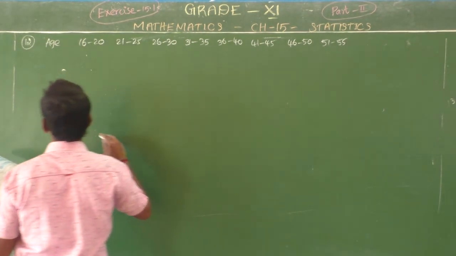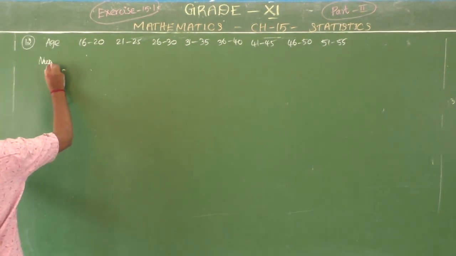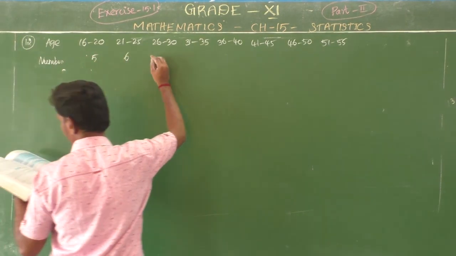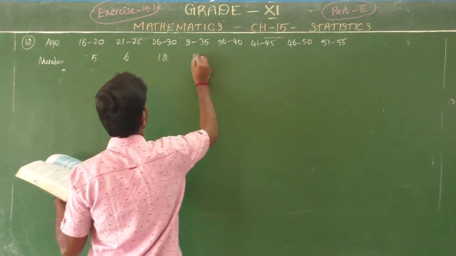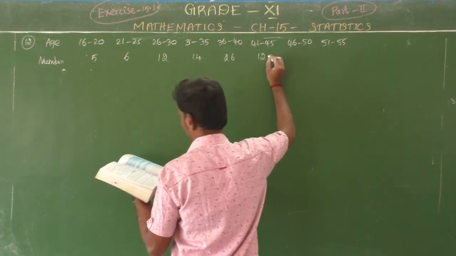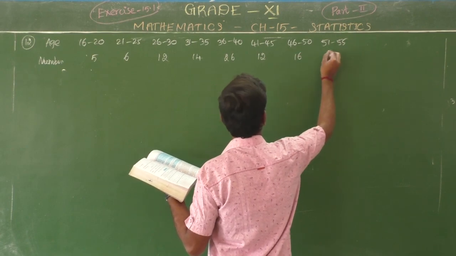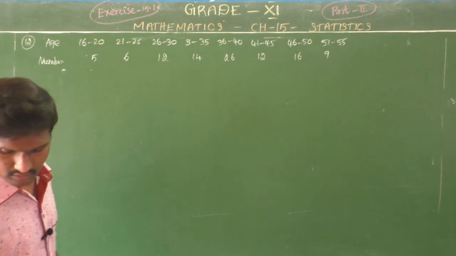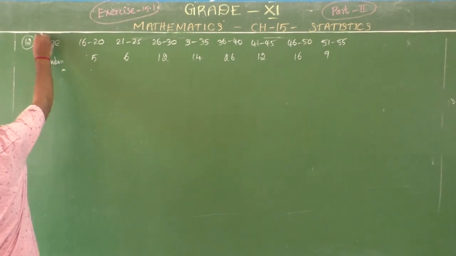The frequencies are 5, 6, 12, 14, 26, 12, 16 and then 9. Okay, this is your given question.